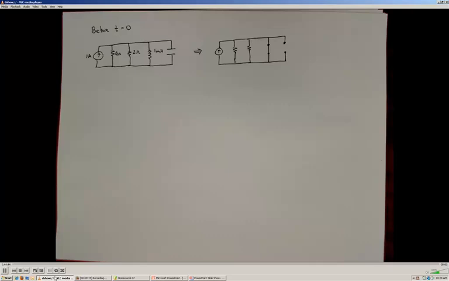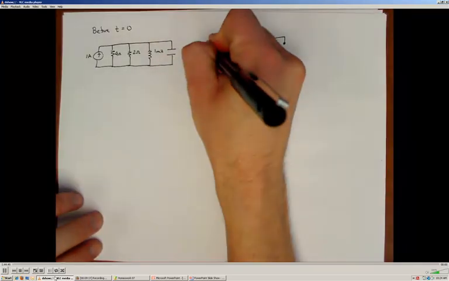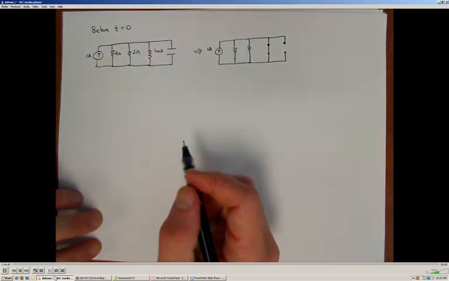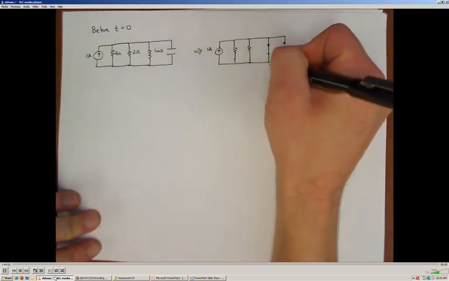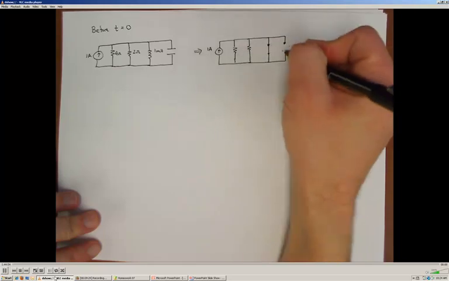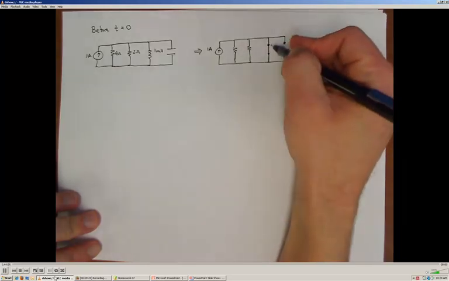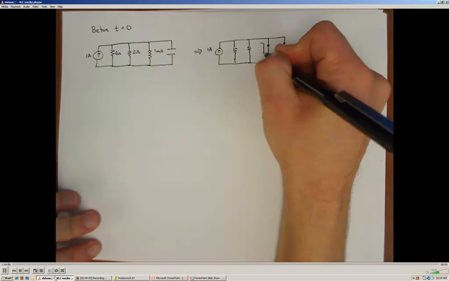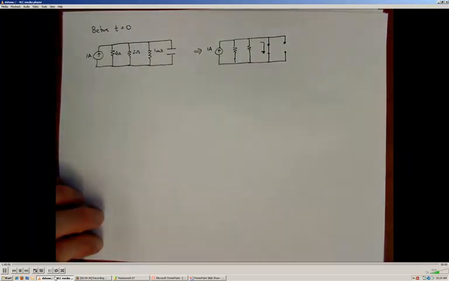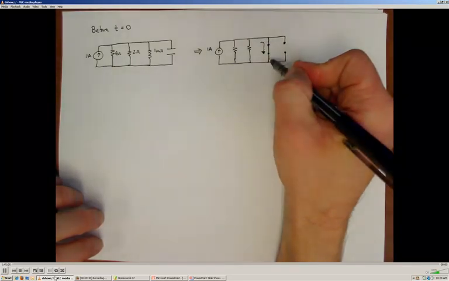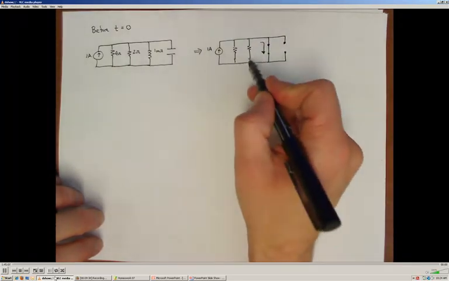So by using these simplifications, I see that just before the switch opens, I have a short circuit across my resistive elements. Because that inductor acts like a wire or a short circuit, all of the current that's being provided by my current supply or by my voltage supply has to pass directly through that wire and not through the resistors.